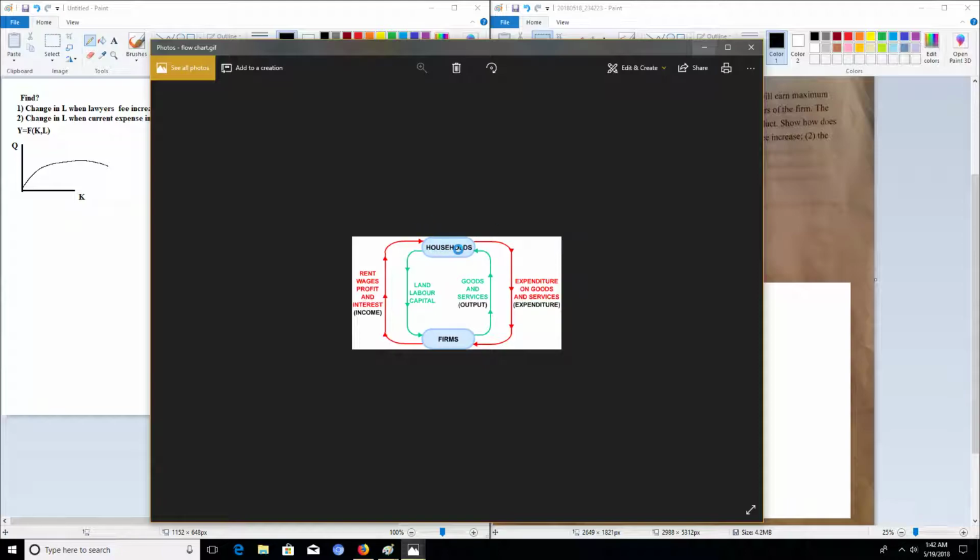This is households, right? Households provide labor, factors of production, to firms, which then use that to create goods and services. These goods and services are then bought by households, which then goes to firms as revenue, and then this revenue gets sent back to households as income, which is rent, wages, profit, and interest, right?